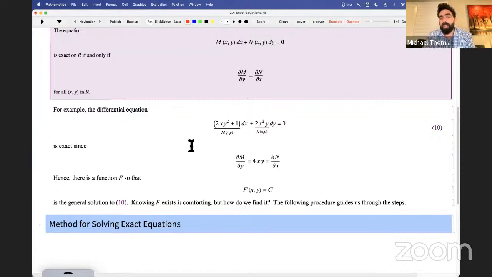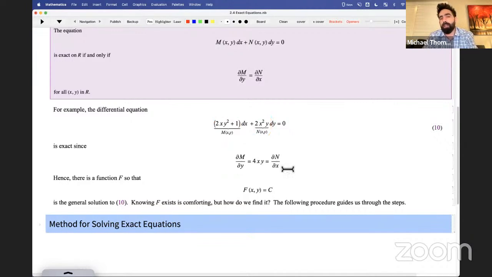So what you're going to do is take the partial of M, which is this one, with respect to y, which is the other variable, right? And then you're going to take the partial of N with respect to the other variable, which is x. And if you get the same thing, then it's an exact equation, which basically means it's solvable using this method.